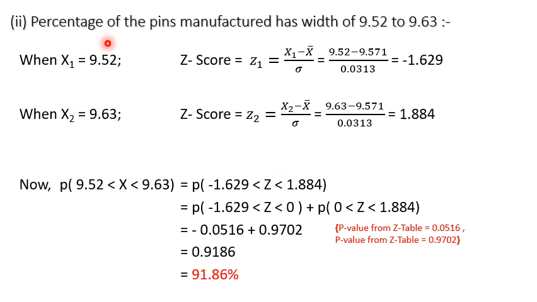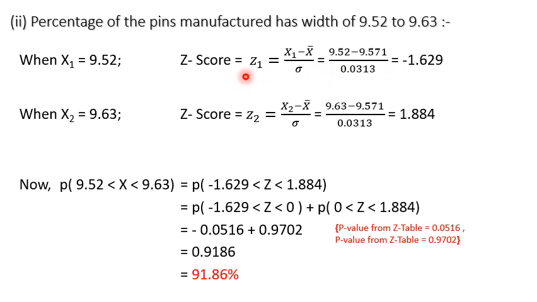Now second we are going to calculate the percentage of pins manufactured with width between 9.52 to 9.63. For that first we calculate the z score at the value of x1, that is 9.52. So z1 is equal to x1 minus x bar divided by sigma, that is our standard deviation.